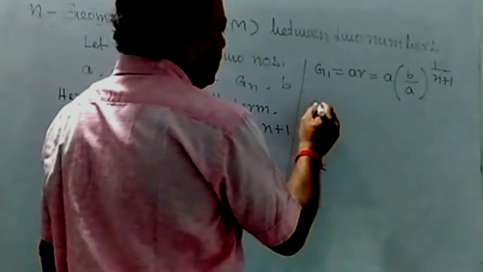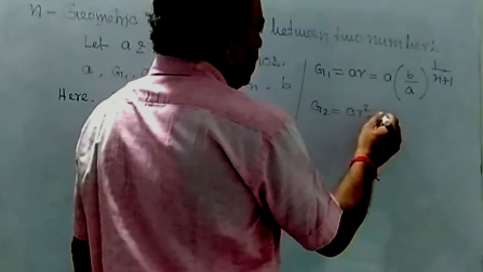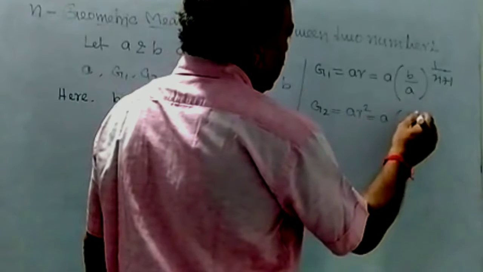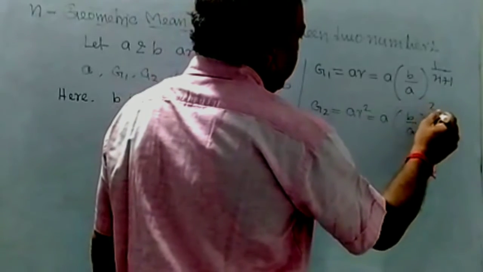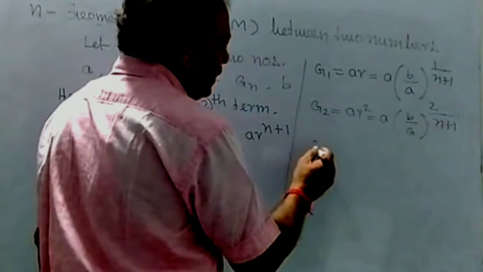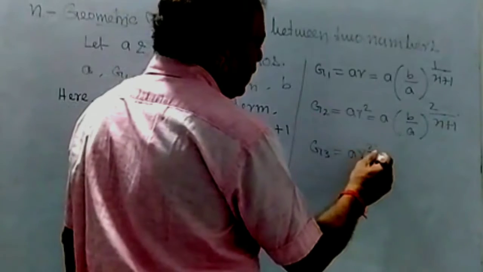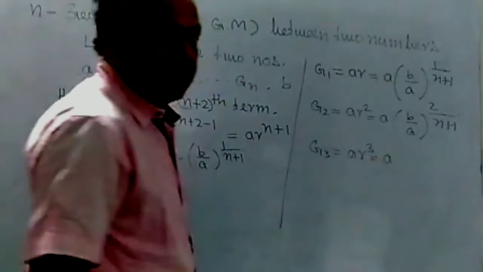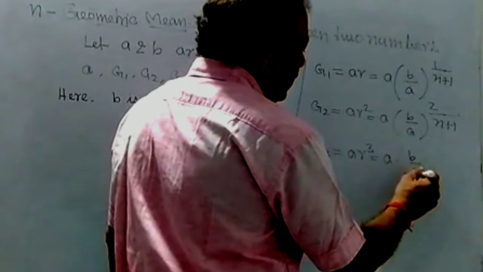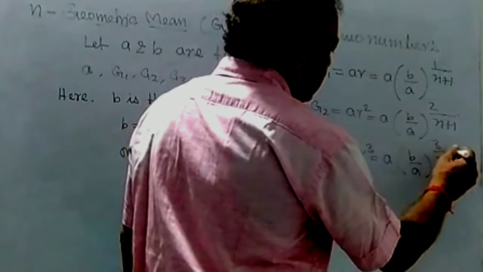G2 is A r square, which is A (B by A) to the power 2 upon n plus 1. And G3 is A r cube, which is A (B by A) to the power 3 upon n plus 1.